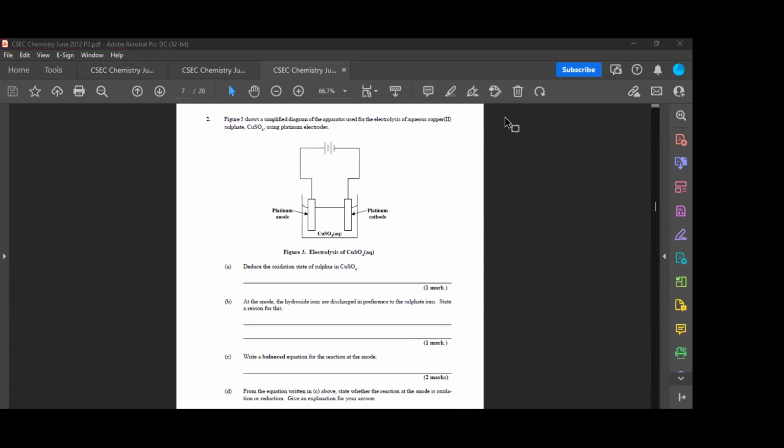I hear 2 minus. Any other suggestion? Plus 6. Positive 6. All right. If nobody else has any other suggestion, let's check.